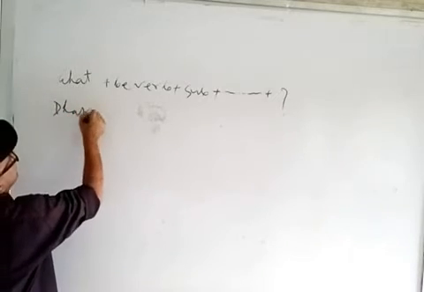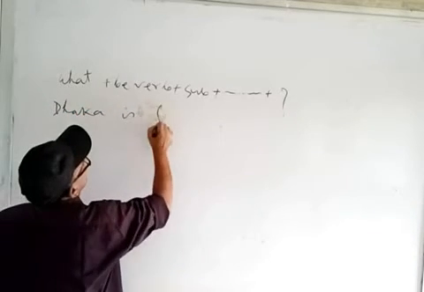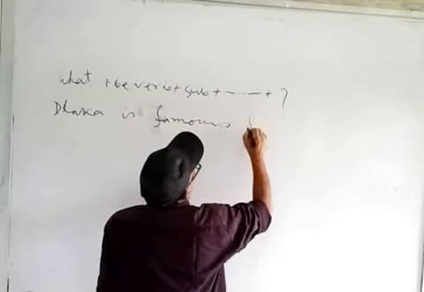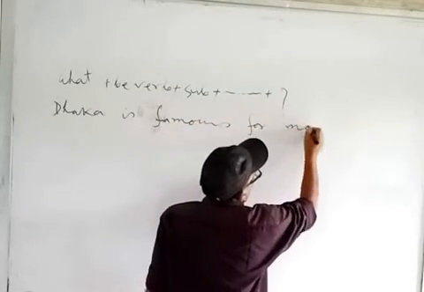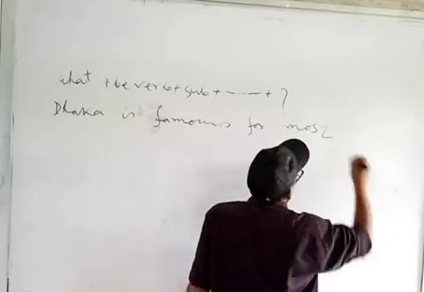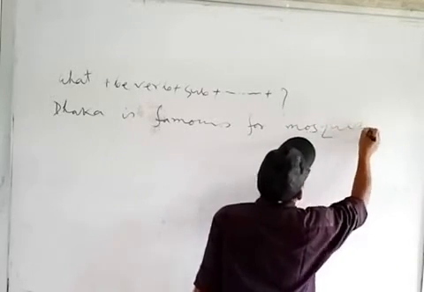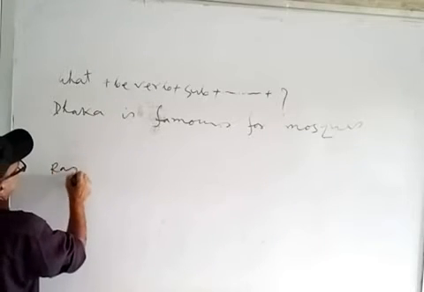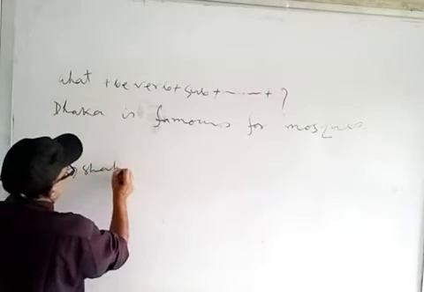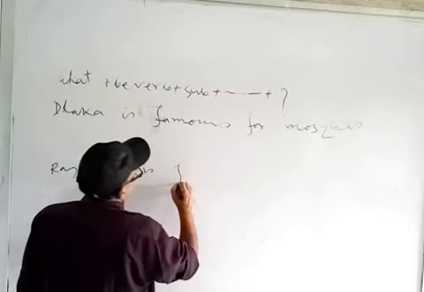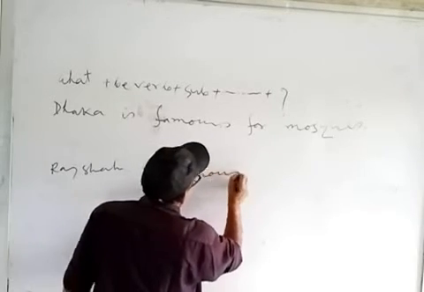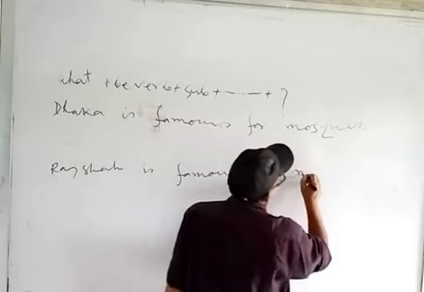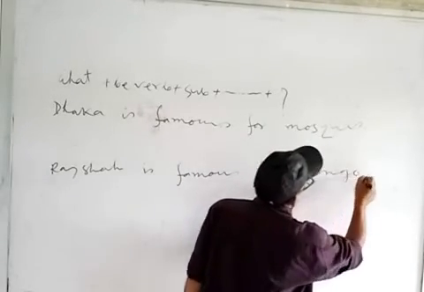Dhaka is famous for mosques. Another example, Rajshahi is famous for mango.